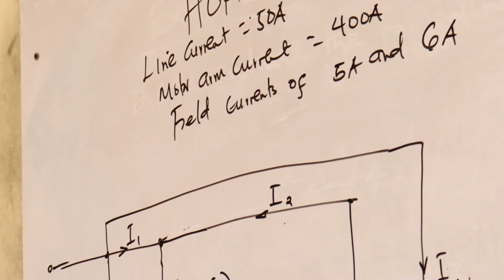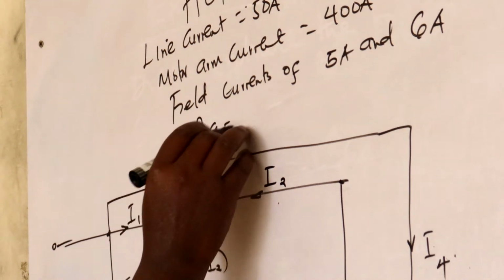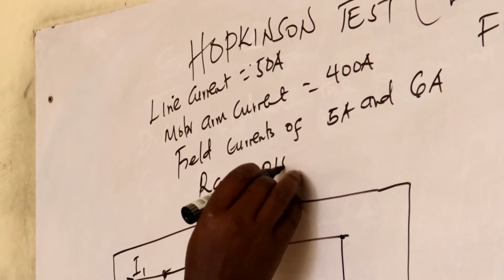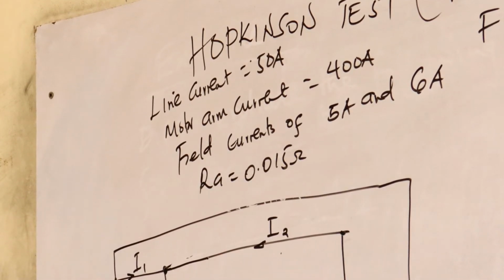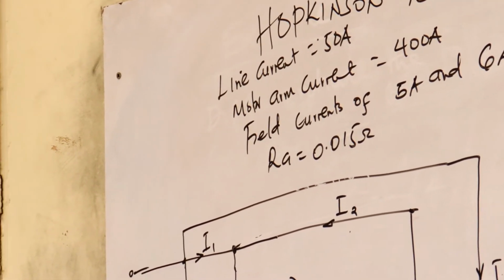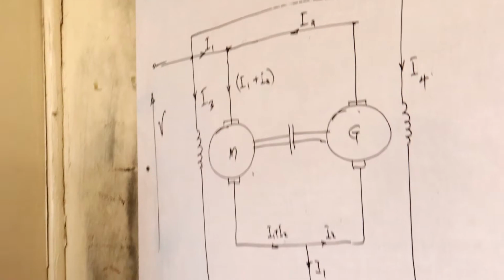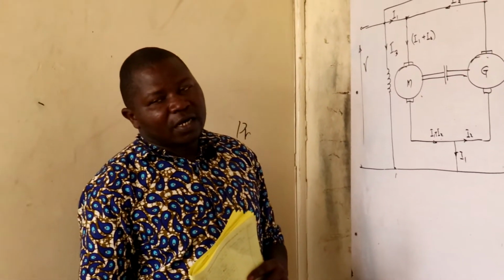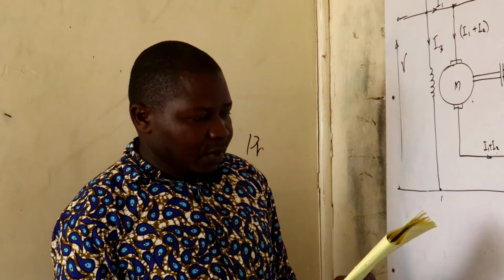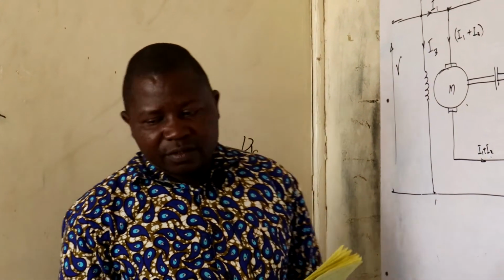The armature resistance for each machine is 0.15 ohms. Calculate the efficiency for each machine.